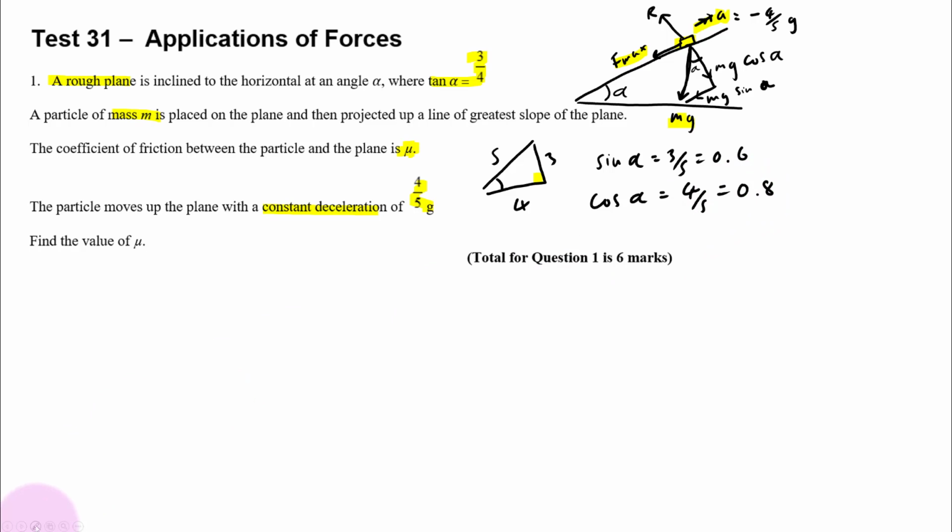Now let's start this question. So what do we know? What should we start off with to earn some marks? Well, we know F max equals mu R. So we can work out R by resolving perpendicular.